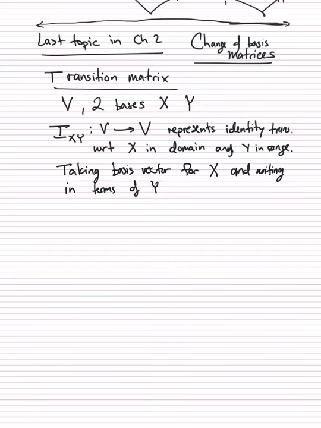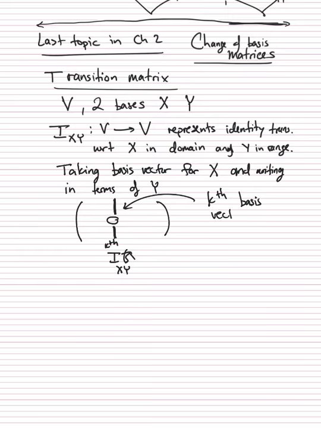In the sense that if I look at IXY, and I look at the kth column, and I ask what is here? Well, this is precisely the kth basis vector for X written in the Y basis.